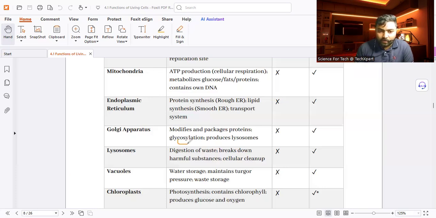Glycosylation is the process. Put an arrow and write: synthesis of glycoprotein and glycolipid.